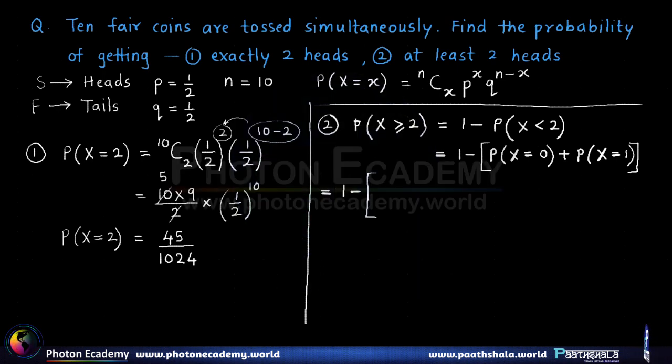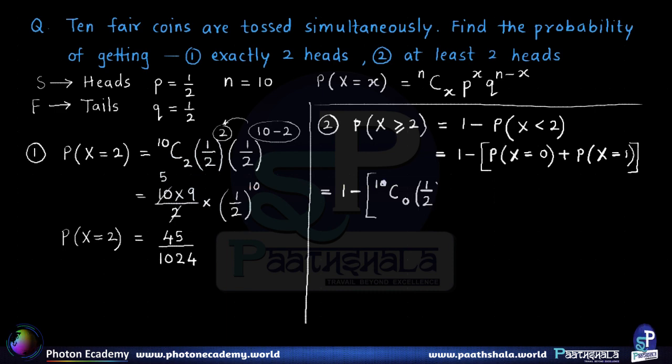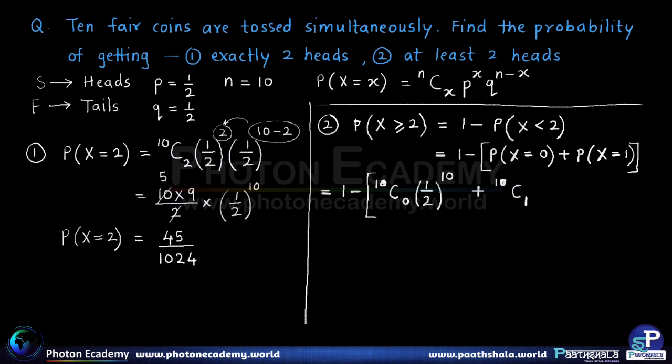Now to get x equal to 0, once again we substitute, that is 10C0. Now p and q are both 1 by 2 and their sum of indices is going to be 10, as we have seen earlier. So this is going to yield 1 by 2 raised to 10, plus the next term, which is 10C1, and here also the remaining portion is 1 upon 2 whole raised to 10.